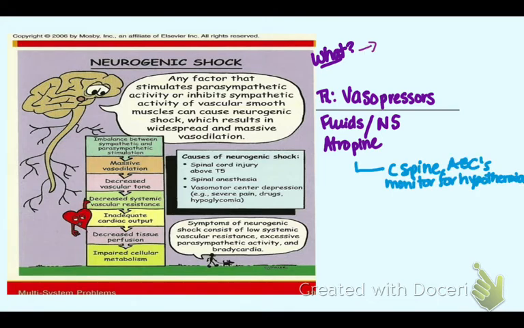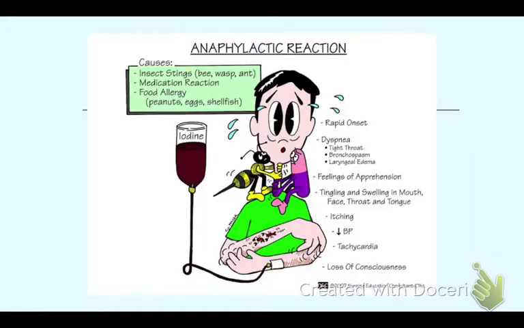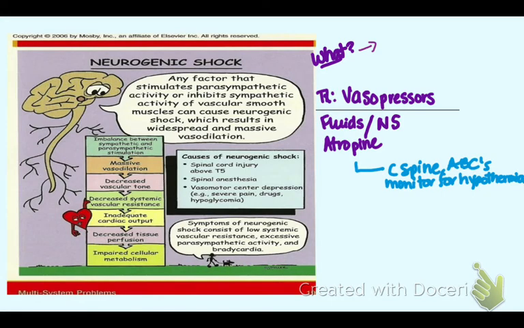C-spine and ABCs, remember, monitor for hypothermia because they can have the poikilothermism as well, and we have to support that spine so that we don't create further injury. So just remember that. It's a good thing we've already studied neurogenic, we've already studied cardiogenic, so these are kind of a review for you, but definitely know them. And just revisit all of this and understand it a little bit.